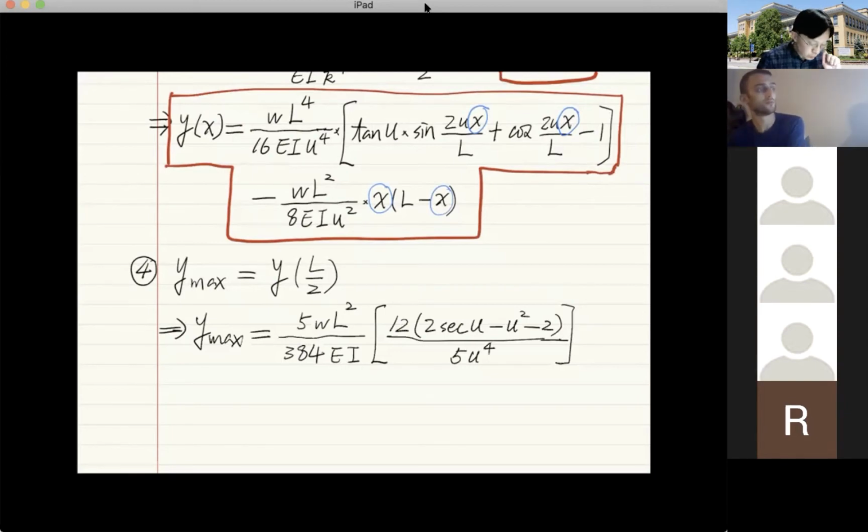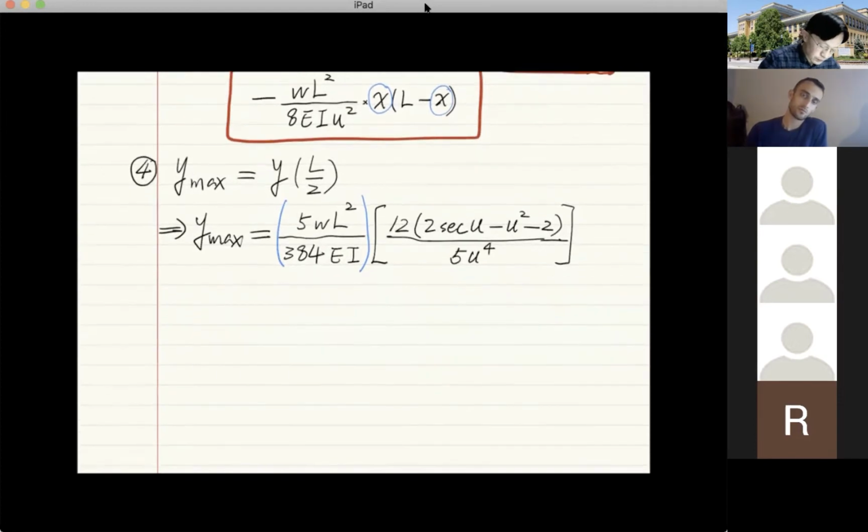The first question you must have is, why do we have to write the expression of y maximum this way? That has something to do with the coefficient. Does anyone recognize this coefficient? What is this coefficient? It looks familiar, right?